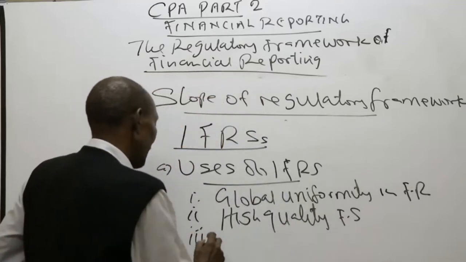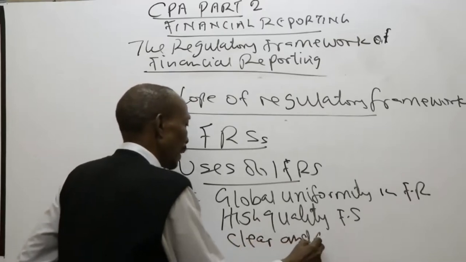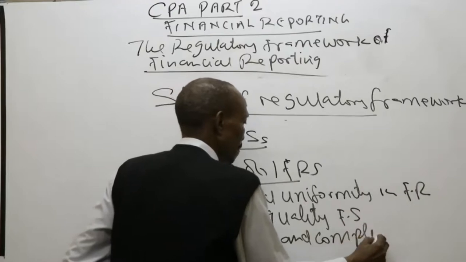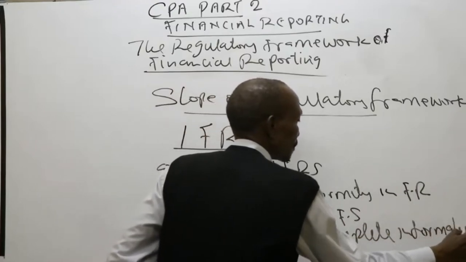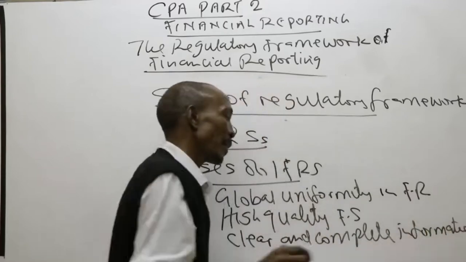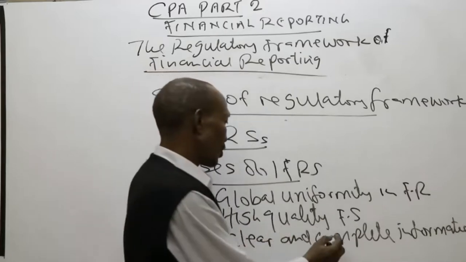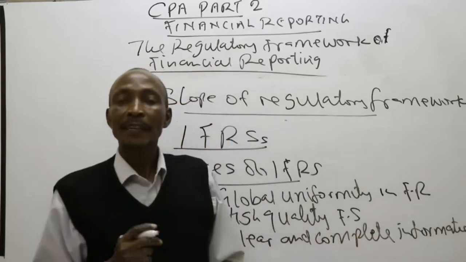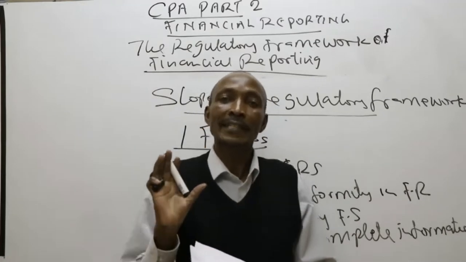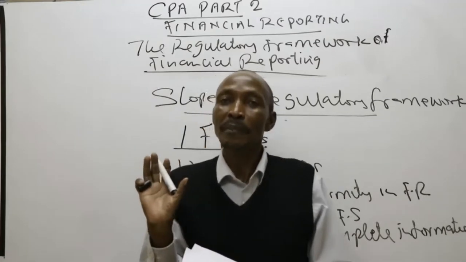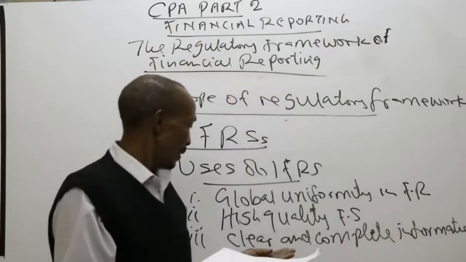They also intend to achieve clear and complete information. The preparers of financial statements are obliged to provide all the important material information there is about the company without keeping any information back, and not add any information, and also use a particular language.